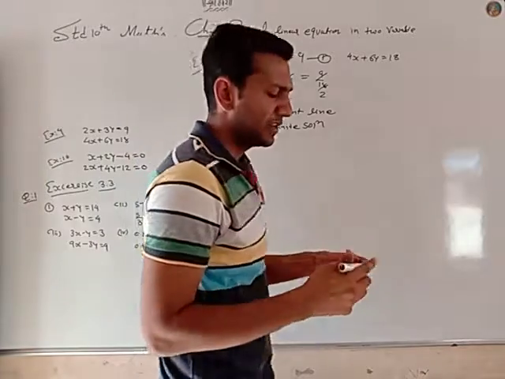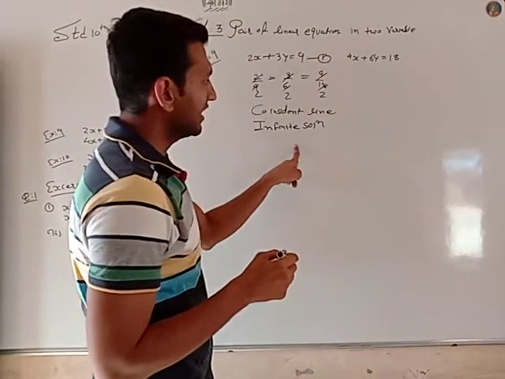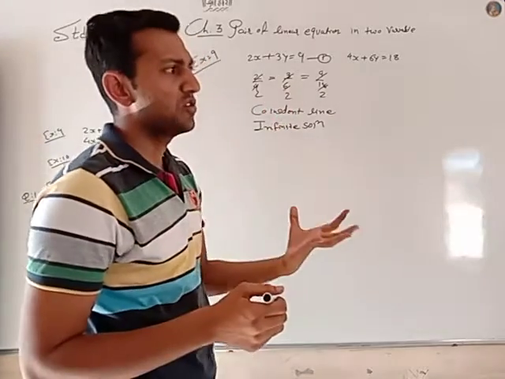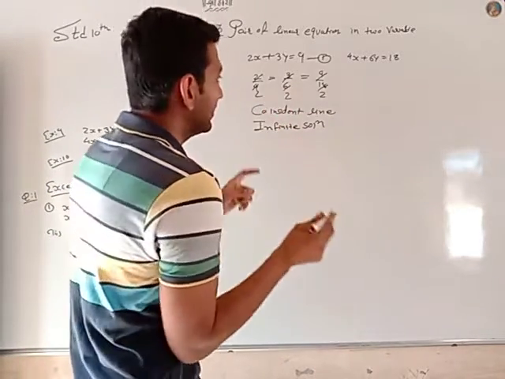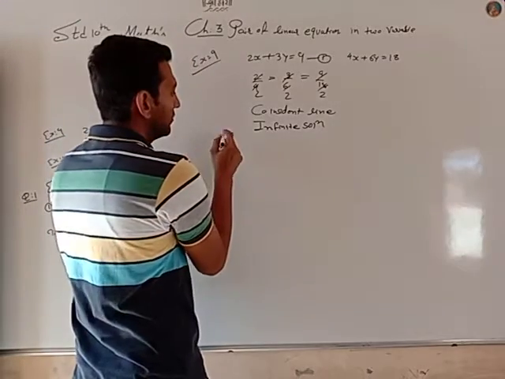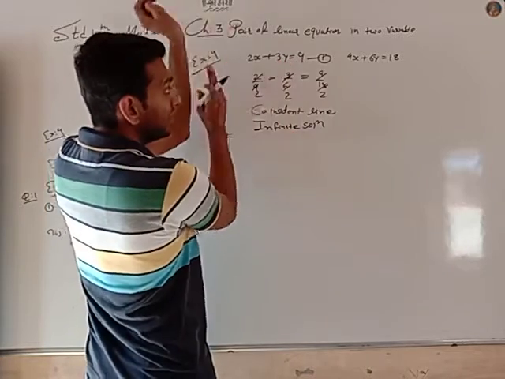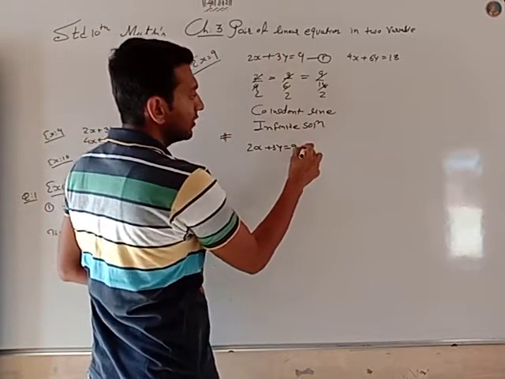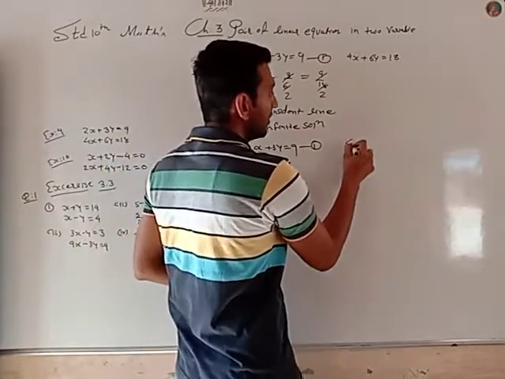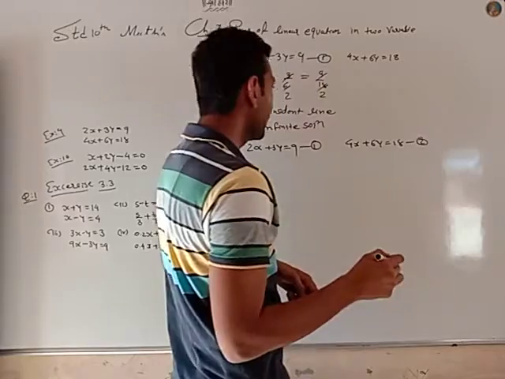And my experience is many students start a sum without checking which type of solutions are possible here. If they start a sum, what is the problem? Let's see. If I don't check this and start the example, 2x plus 3y is equal to 9, equation number 1. 4x plus 6y is equal to 18, equation number 2.